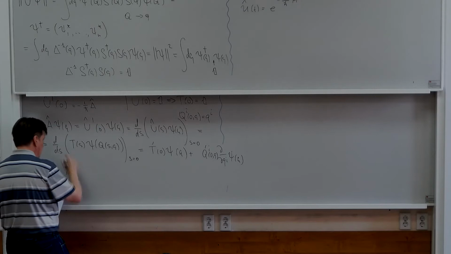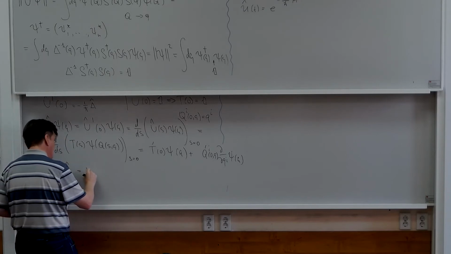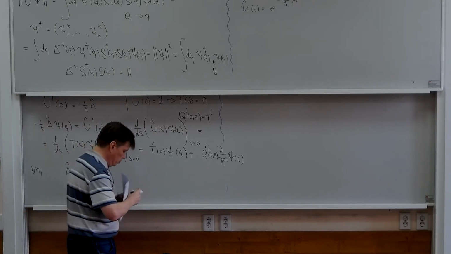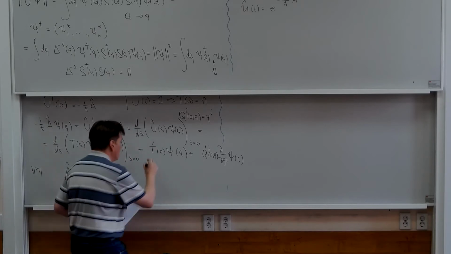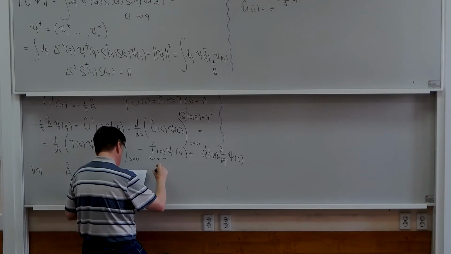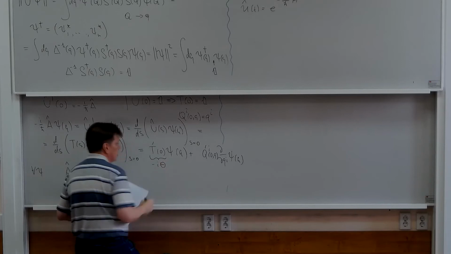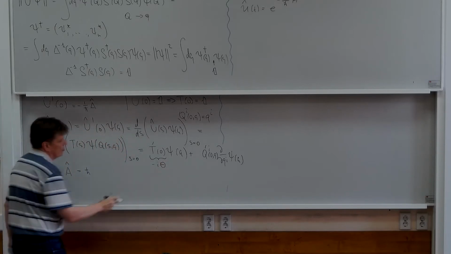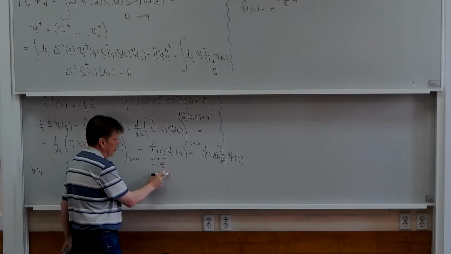i A hat is given by, let me denote this T prime, by minus i theta capital, this matrix. This is just some n by n matrix.